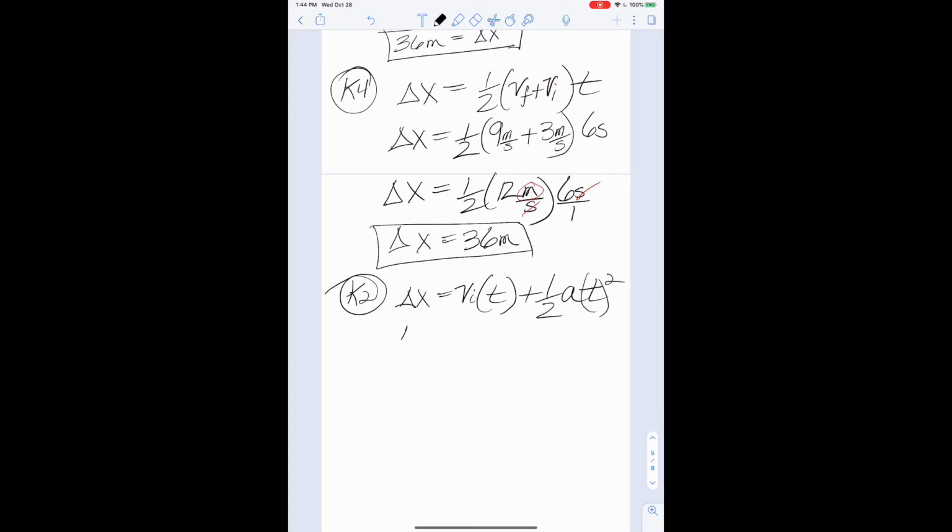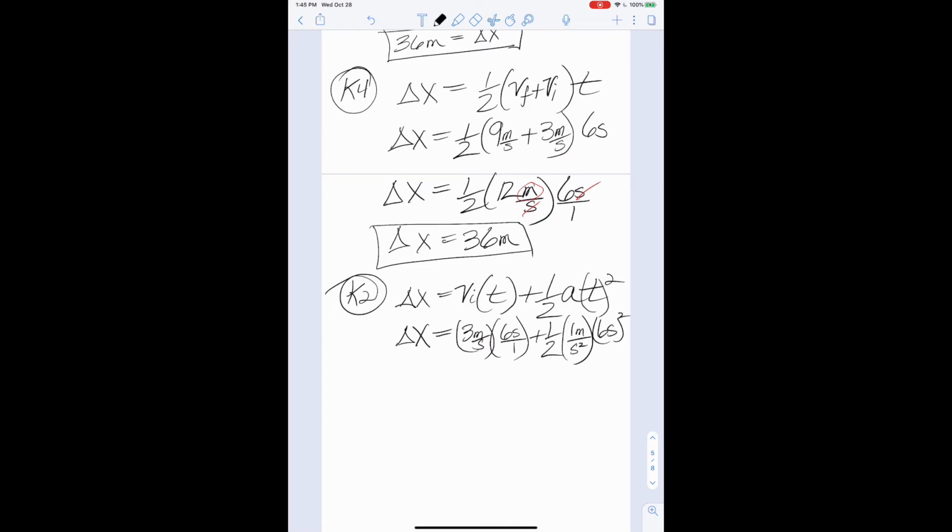All right, so delta x is equal to VI, which we said is 3, times 6 seconds over 1, plus 1/2. I think the acceleration was 1 meter per second squared. Time was 6 seconds squared.